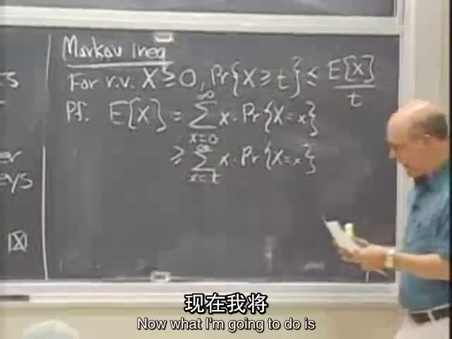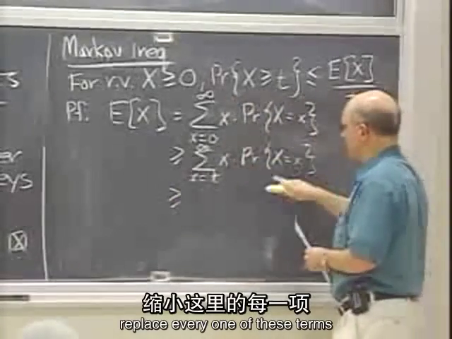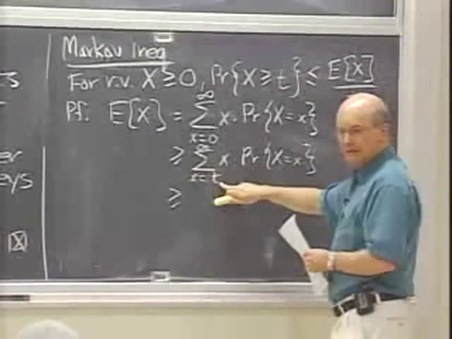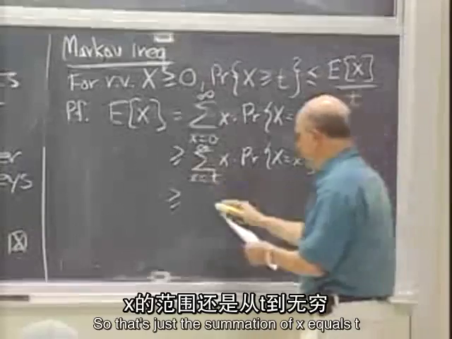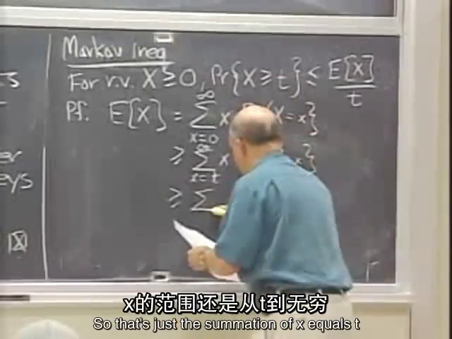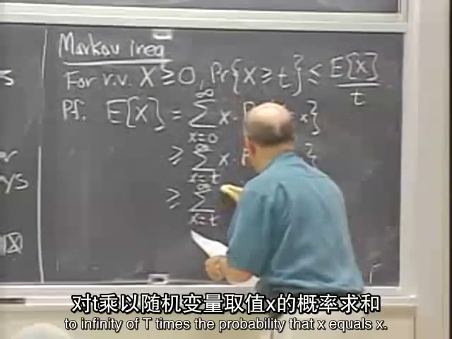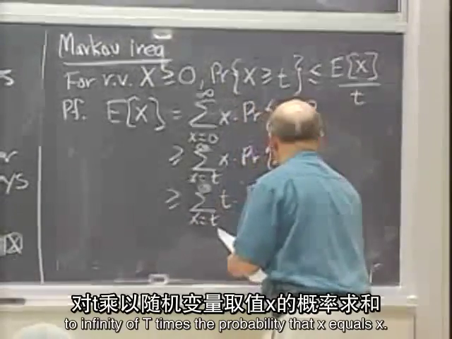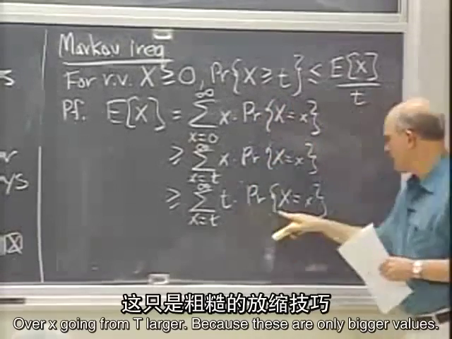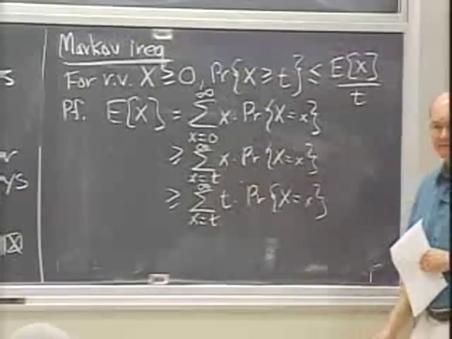Now what I'm going to do is replace every one of these terms by the lower bound, the value x equals t. So that's just the summation from x equals t to infinity of t times the probability that X equals x, because these are only bigger values.